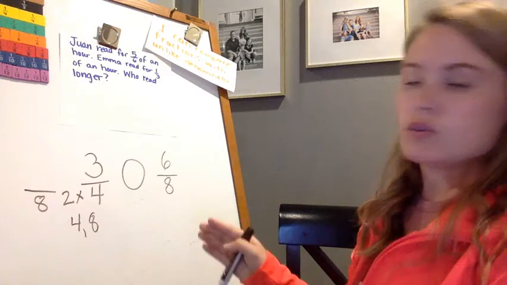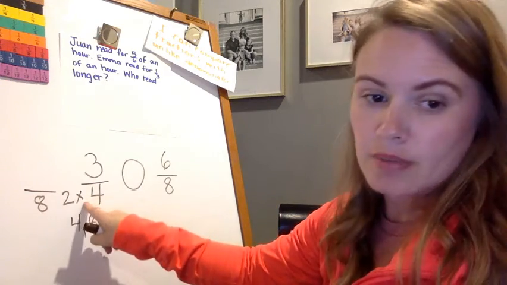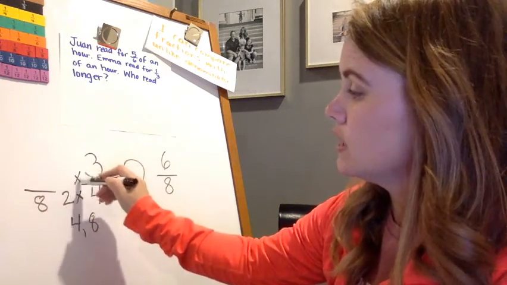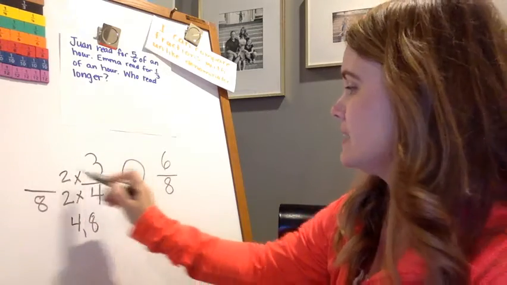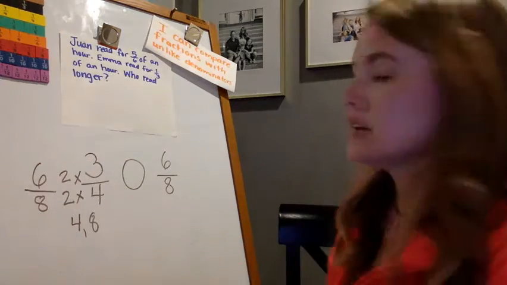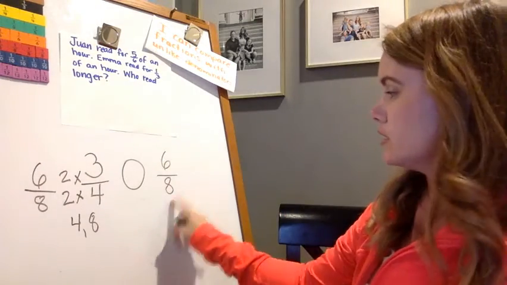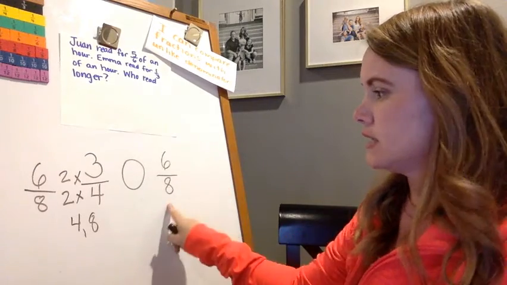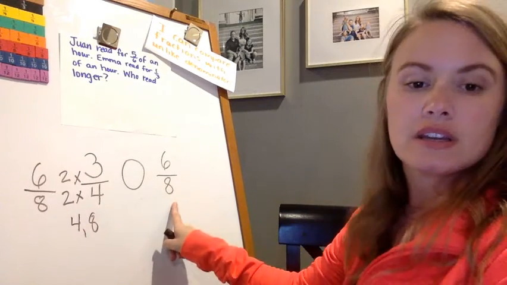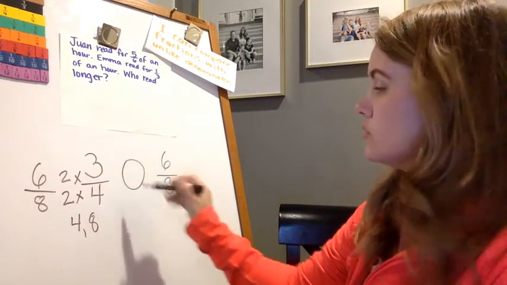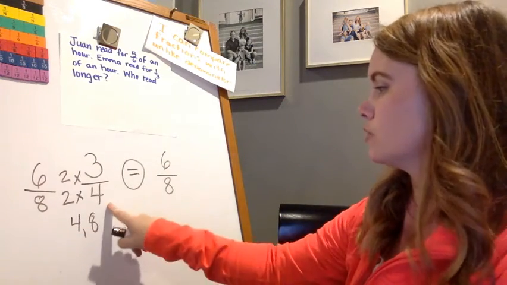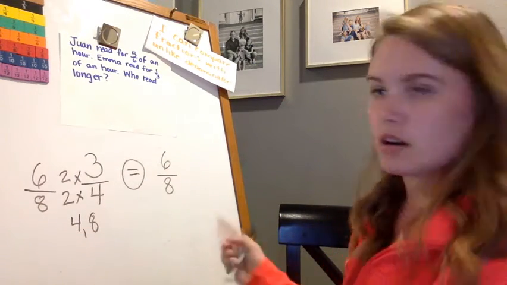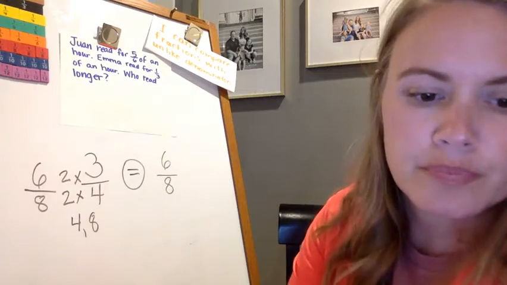And whatever I do to the denominator, I'm going to do to the numerator, times 2, and 2 times 3 is 6. And what do you notice here? I don't do anything to this; it stays the same. And what do you notice? They are equal. So they are equivalent. 6/8 is 6/8. So 3/4 and 6/8 are equivalent fractions.